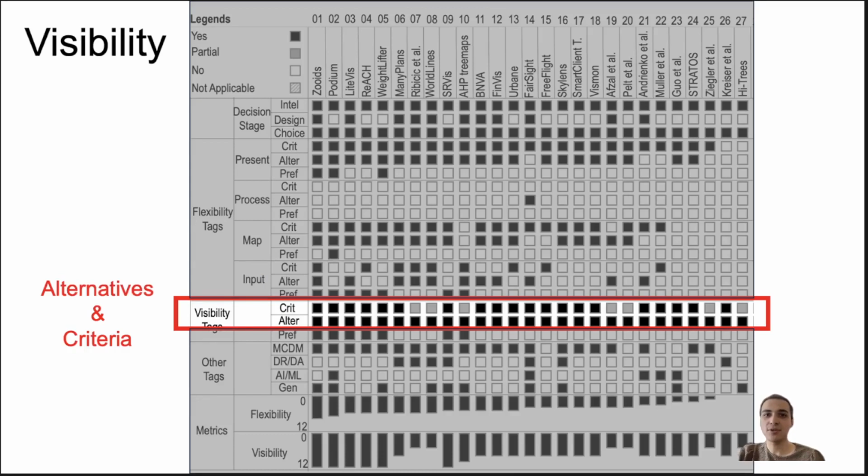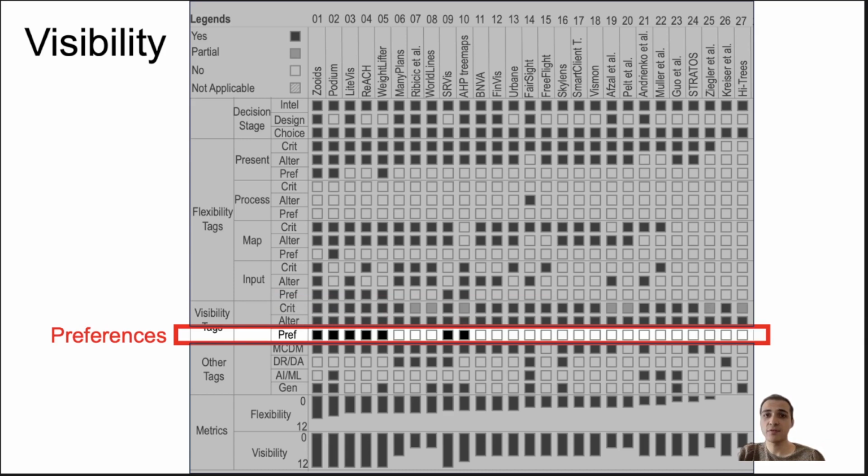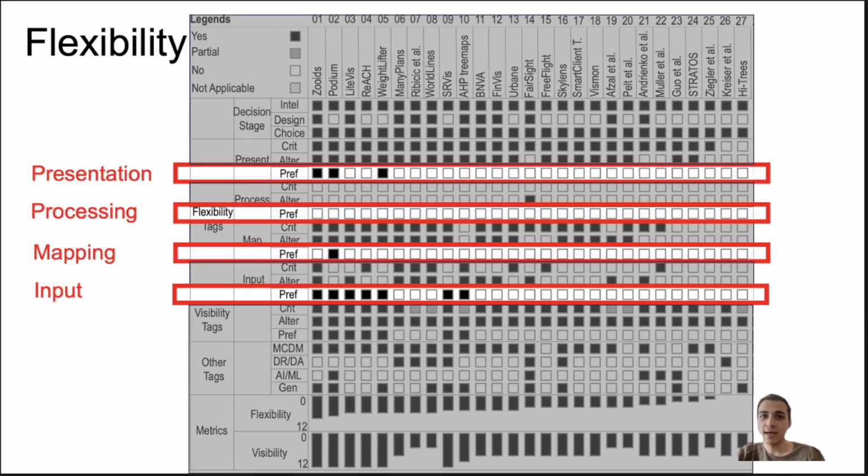Now, let's continue with observations on how visible decision alternatives, criteria, and preferences were. Most of the tools showed decision alternatives and criteria visibly, but decision preferences were neither much visible nor flexible at different levels of interaction.